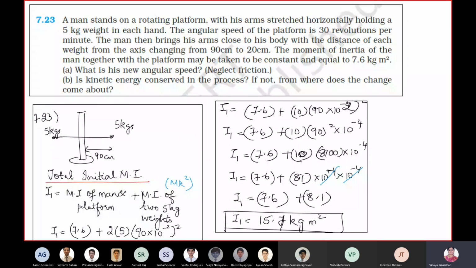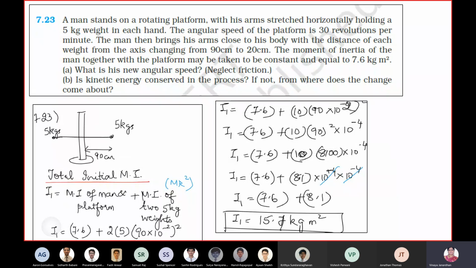That is your initial moment of inertia. So when he is stretching his hands with the weights of 5 kilograms on each hand at 90 centimeter away from the axis of rotation, his moment of inertia is 15.7 kilogram meter square.